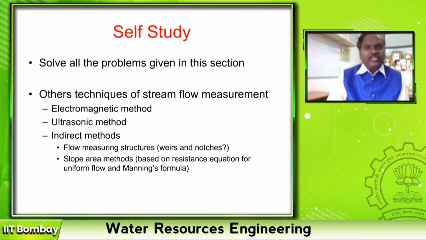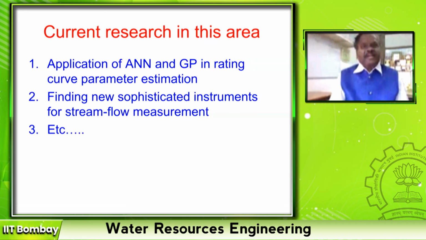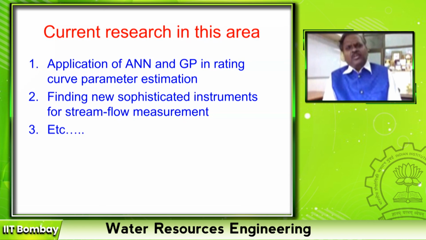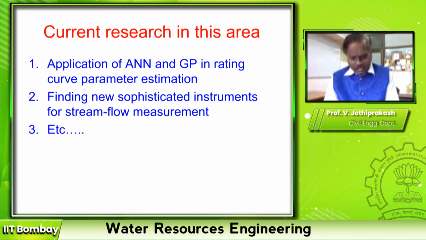So this I give to you as self-study. In the current research, almost several topics are going on, especially finding a new sophisticated instrument to measure stream flow, a quick and easy method.